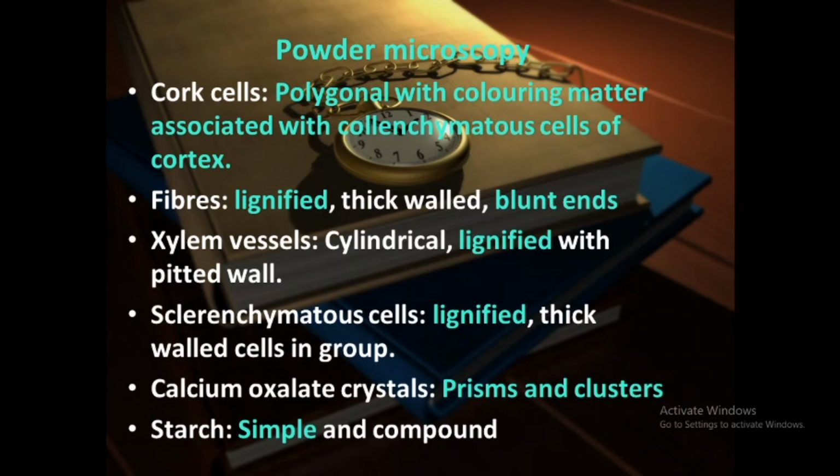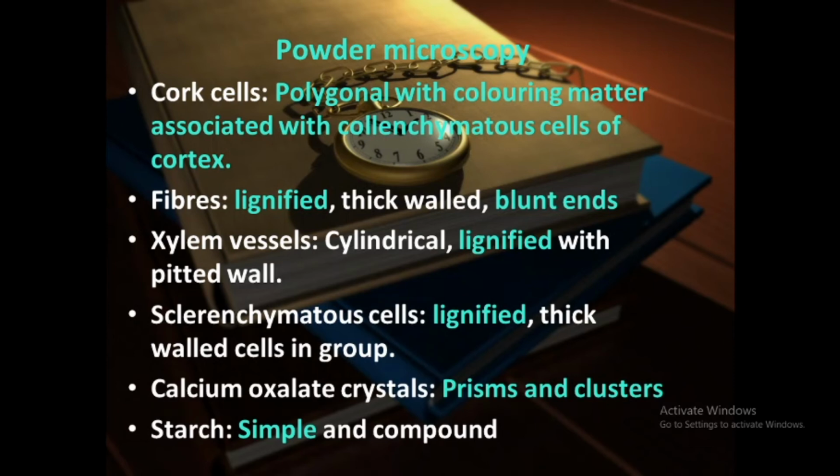These are prism and cluster shaped calcium oxalate crystals. And starch grains are present in cortex as well as in pith. The starch grains are simple and compound starch grains. So this is up to the powder microscopy.